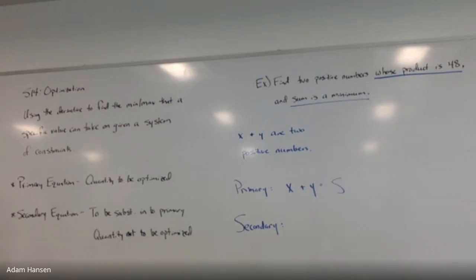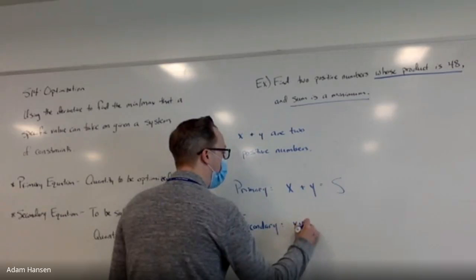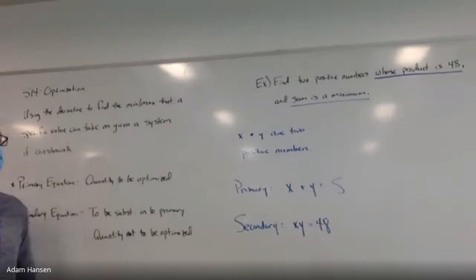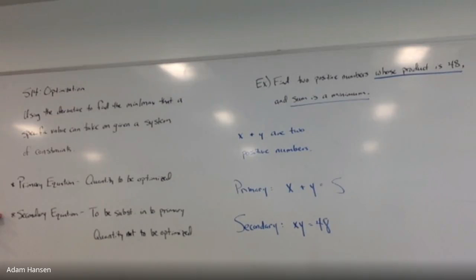I'm trying to make the sum a minimum. I just also know that the product needs to be 48. So x times y equals 48. We've got our secondary equation. That's some other given constraint in our problem.